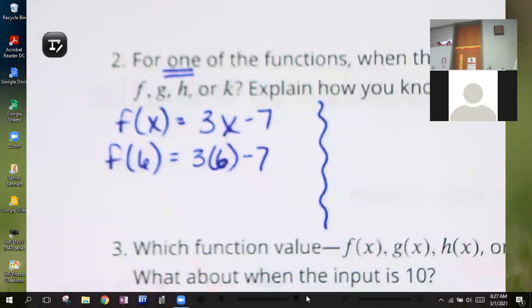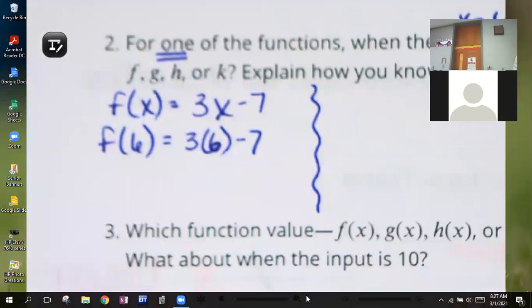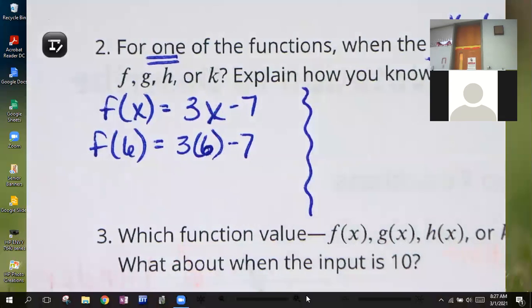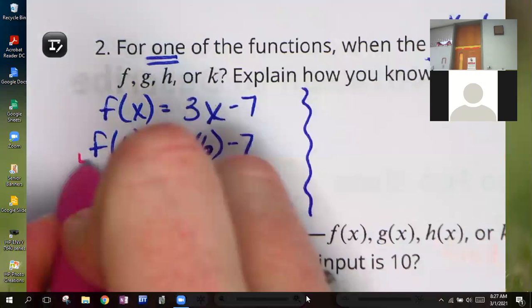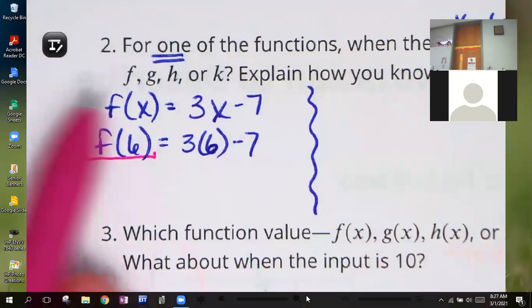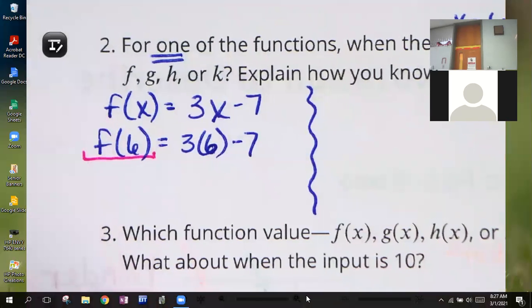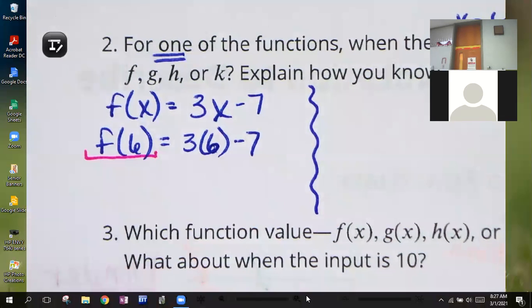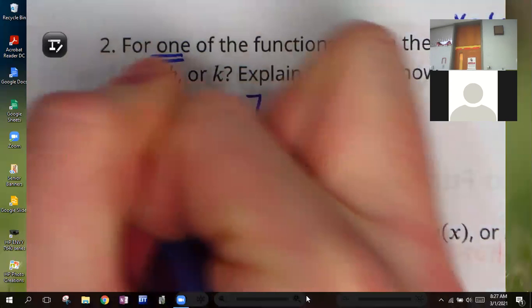Okay, now, when we have it like this, we are not going to do anything to this part of our function. You can't simplify this side anymore. That's just f of 6. That tells you the name of the function. That tells you the input. So when you're solving it, you just bring that part down. So we have f of 6 equals.